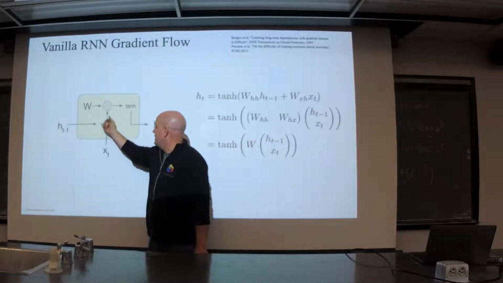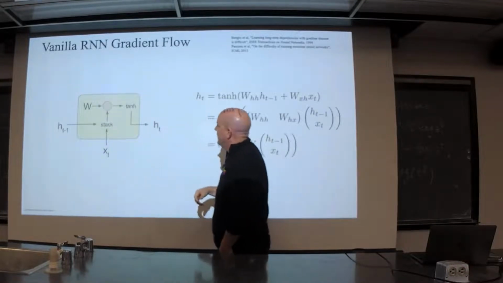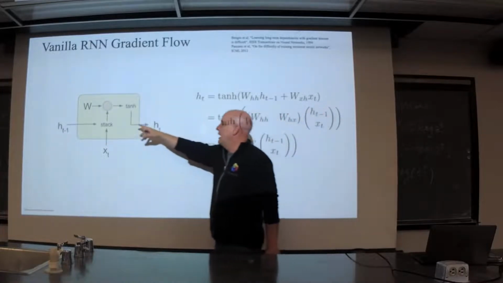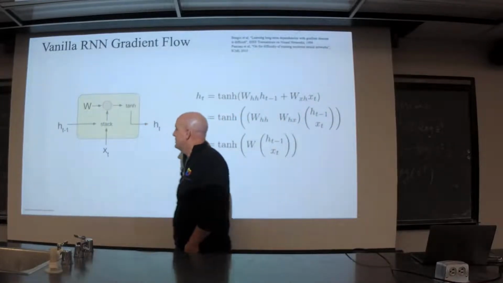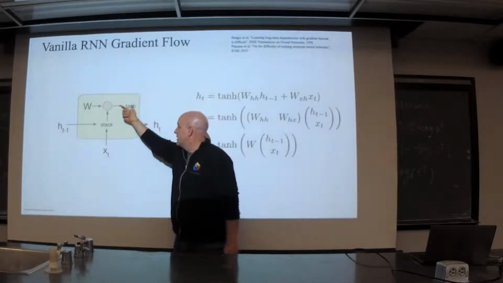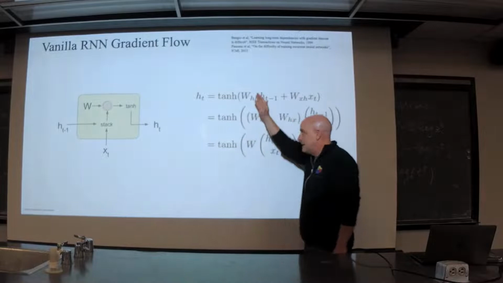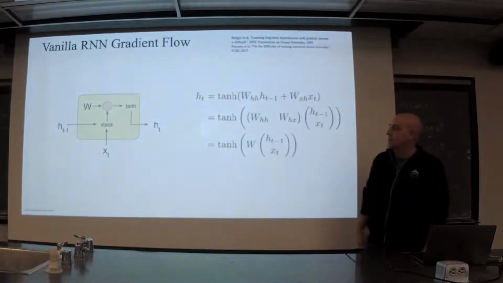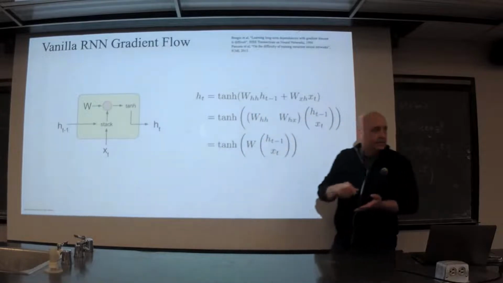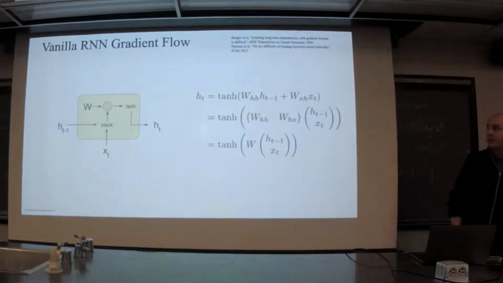Those get combined. They get multiplied by some parameters W. There then is a nonlinear activation. In these early plain vanillas, it was tanh, and then that produces the hidden output for this particular state. So this is just a simple way of visualizing this.